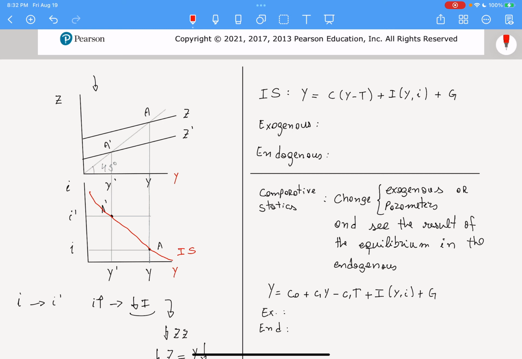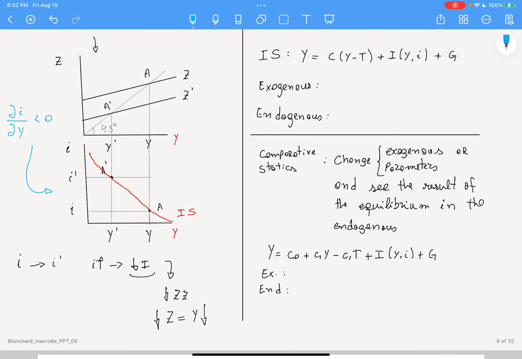As the demand goes down, the output goes down. So we have this negative relationship between the interest rate and the output. So if you calculate the derivative here, di/dy is lower than 0, and this refers to the slope of this curve.